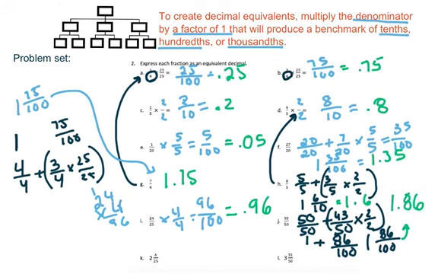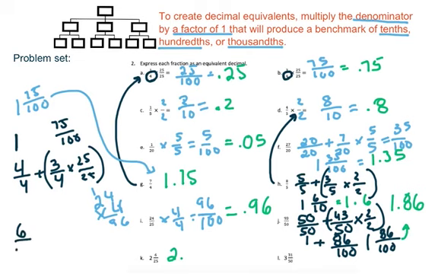Okay, we're almost there. Let's look at 2 and 6 25ths. So I know that this is going to be 2 point something. Now I just really want to look at the 6 25ths.